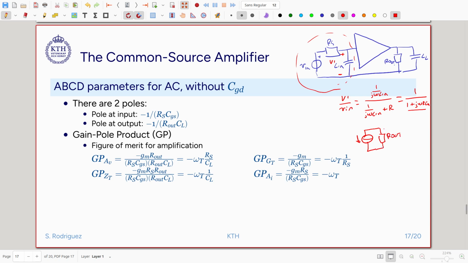Here we have the output voltage V out, and we have this IS here.